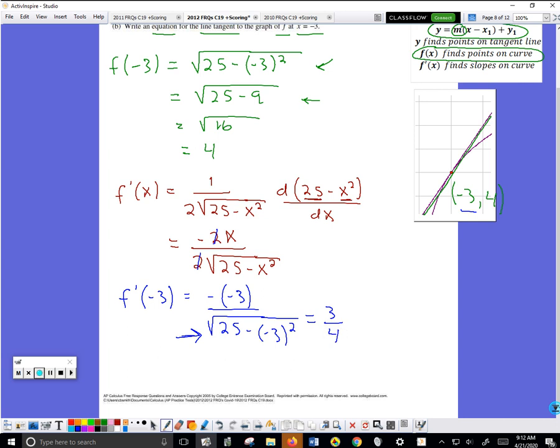So because positive 3/4 is my slope, I know the equation of my line tangent is going to be y equal the slope, 3/4, times x minus the x-coordinate, which is -3, plus the y-coordinate, which was 4.